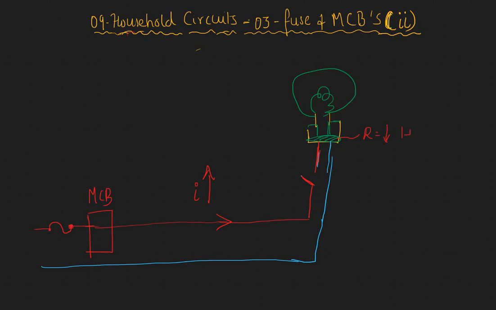Let's say it's 1 ohm. Then you will try to pull a current of V divided by R, that is 220 volts divided by 1, that's 220 amps. That's a lot of current. So these MCBs will trip and the fuse will melt, and usually teachers have no idea how to fix this, so they will have to wait for the electrician to come the next day and fix the problem, right? So without power in your hostel, you can have fun. So that's the whole idea.